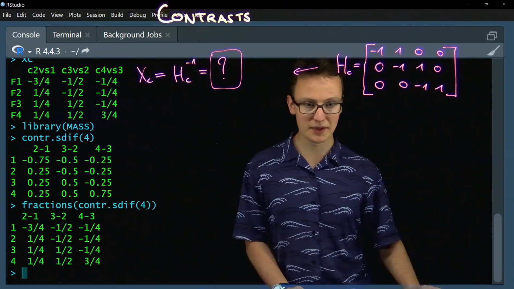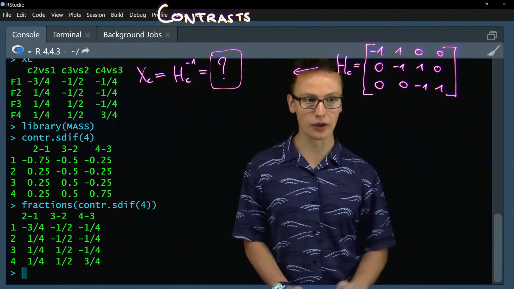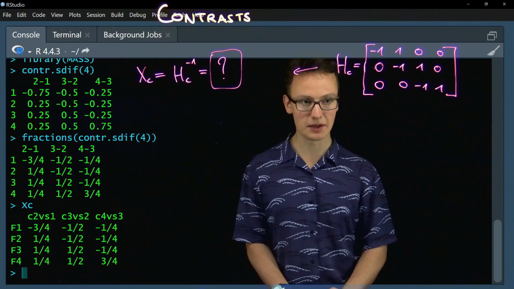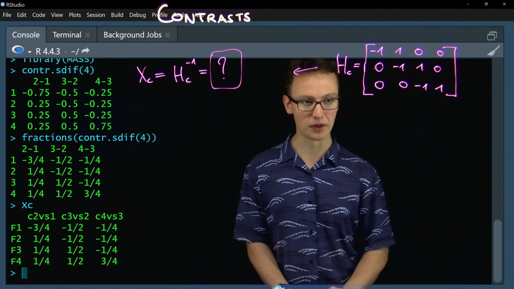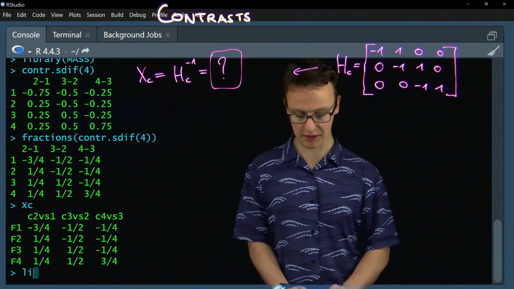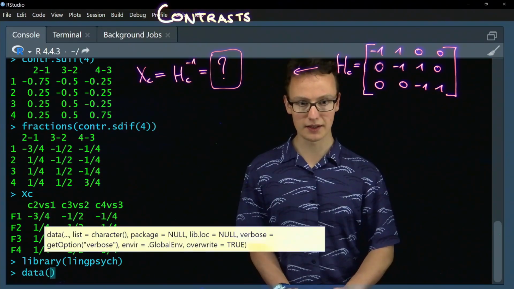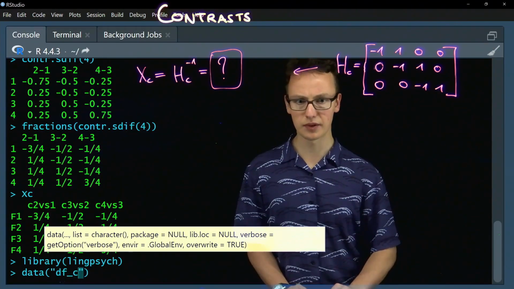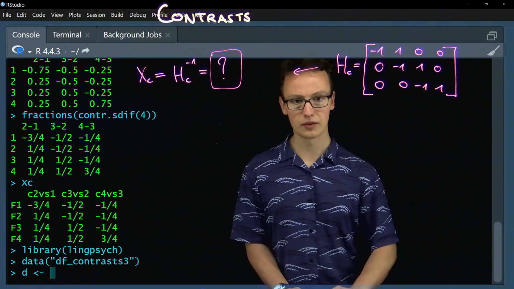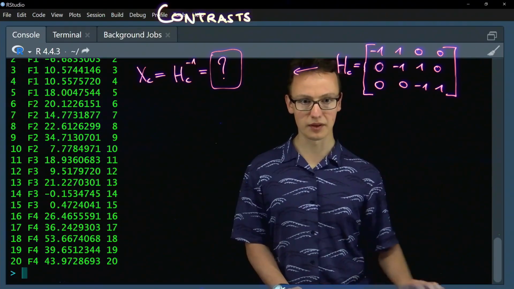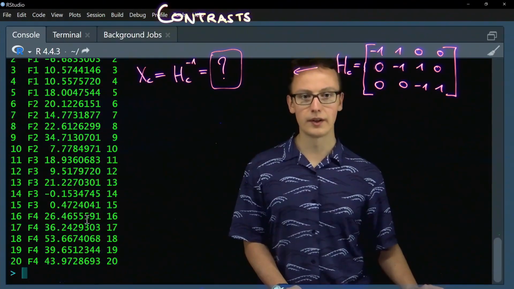As a last step to see that everything works, we could apply our homemade repeated difference contrast matrix to the example we saw already in the lecture 2 weeks ago, which is another of these toy data sets. In this case, it was df_contrasts3, which contains data on a simple data set with a 4-level factor.